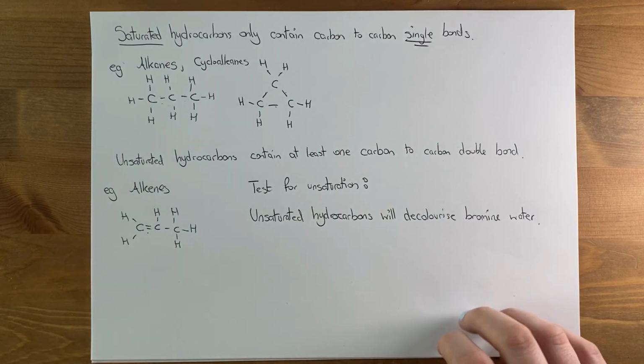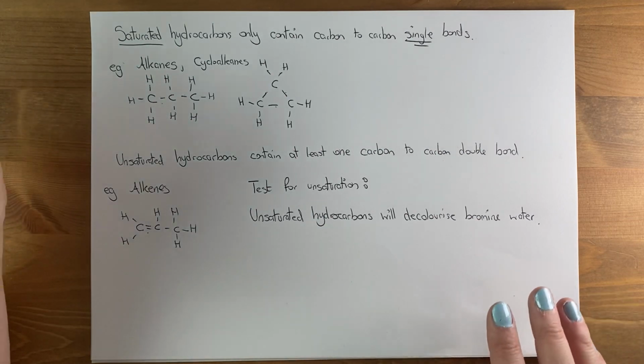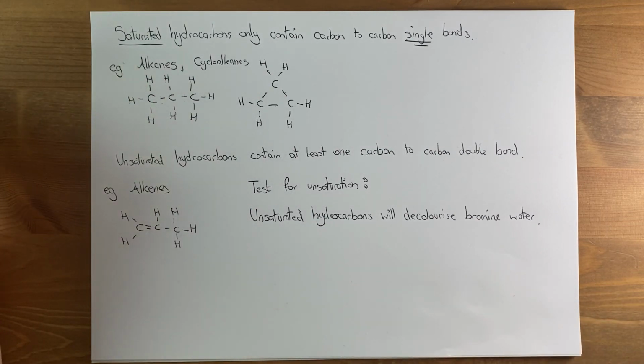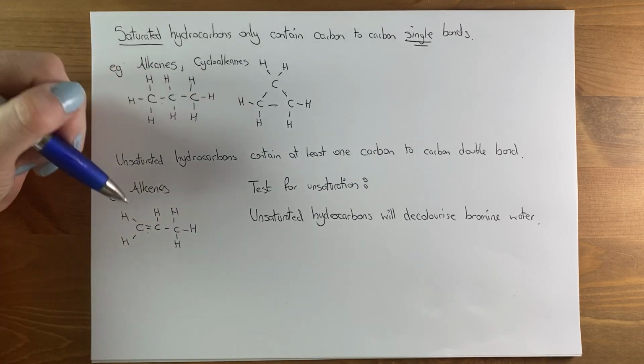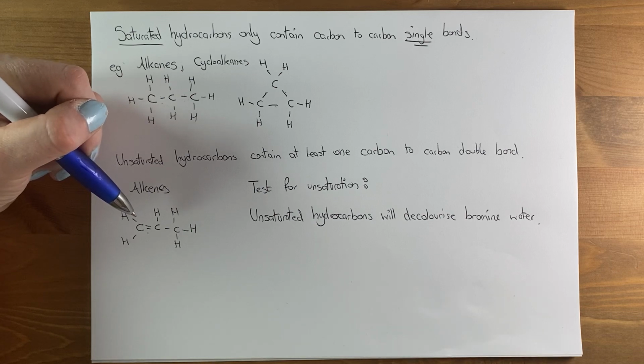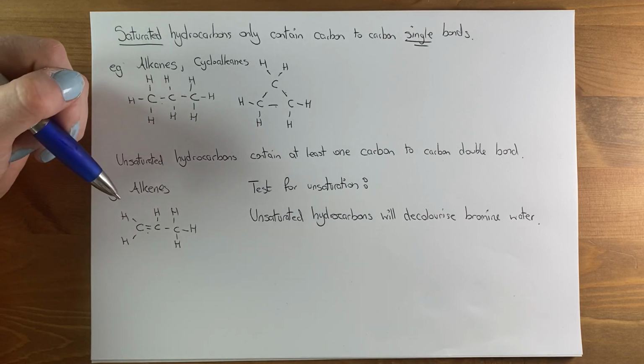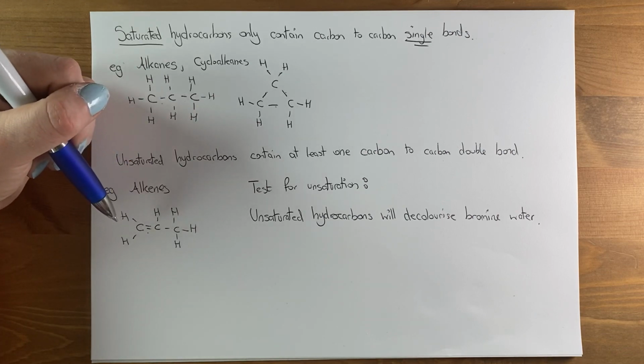So what do I mean by that? Bromine solution is a kind of brownish orange colour, depending on how concentrated it is. And it does a very specific reaction with this double bond in our alkenes or anything that's unsaturated.